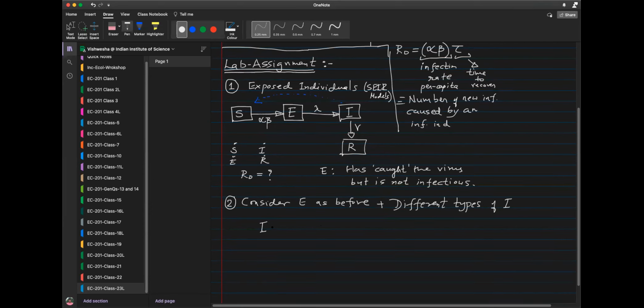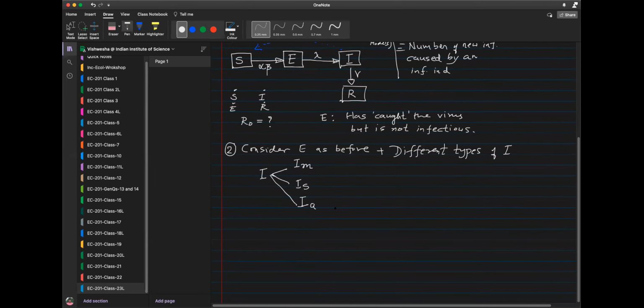You can be mildly infected. You can have a severe infection. Is that fine? And maybe we can also have A, meaning asymptomatic infection. Is that clear? There are three possibilities for I.